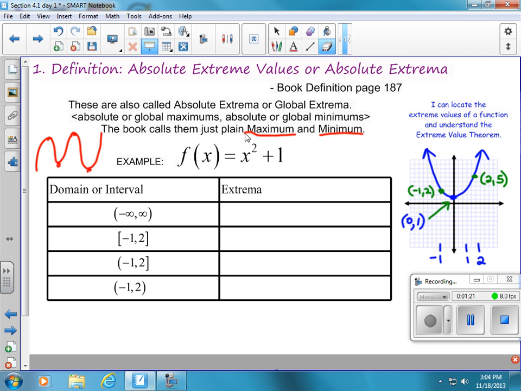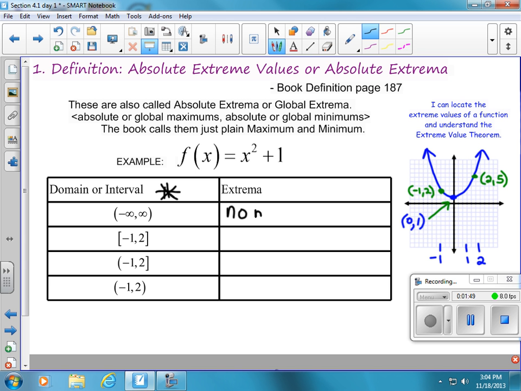Okay, so we're going to look at a function, x squared plus 1. And we've graphed it over here, and we're going to look at the maximum and minimum depending on what the interval is. All right, so if you're going from negative infinity to positive infinity, there is actually no maximum on here.